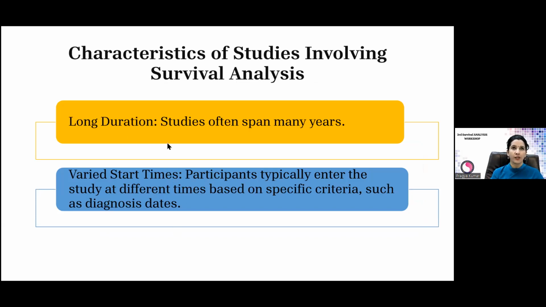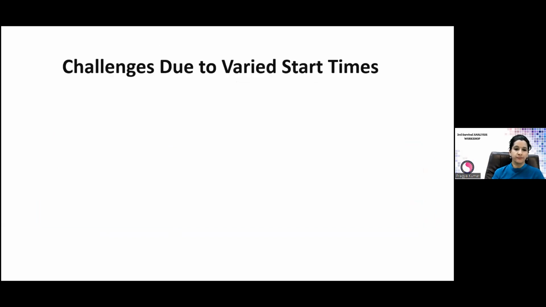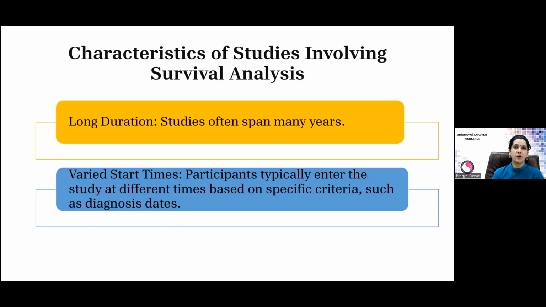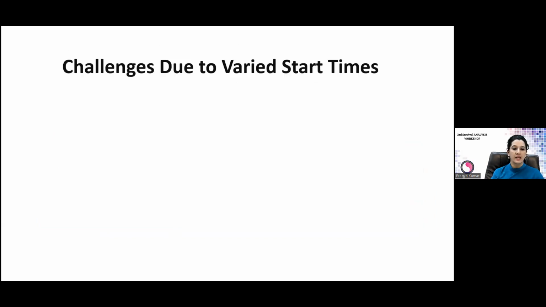Because in a long duration, the study may span many years. So patients typically enter the study at different time points. Let's take the example of skin carcinoma. You want to see the survival of people after they have been diagnosed with skin cancer. So changes might happen.